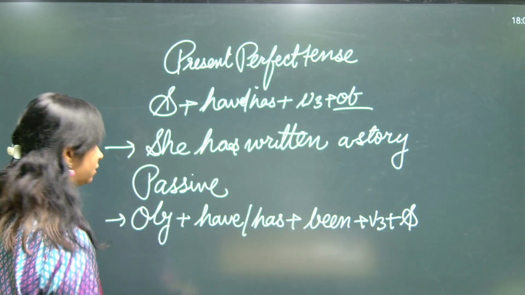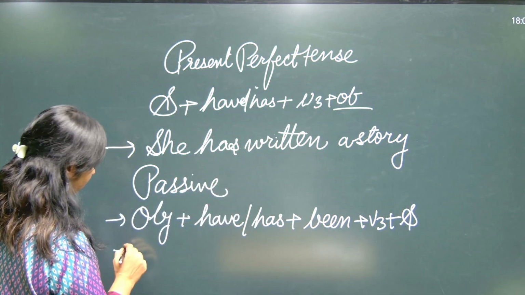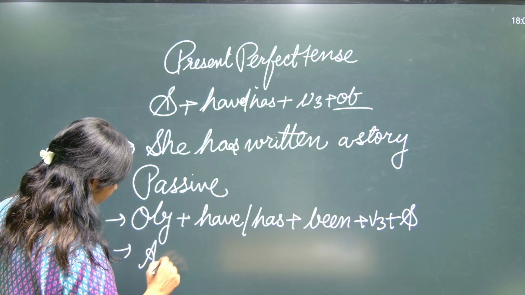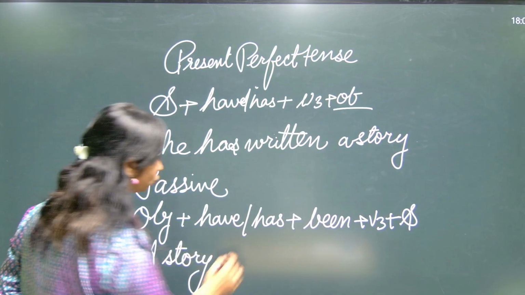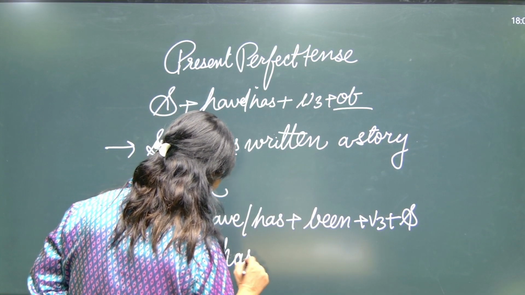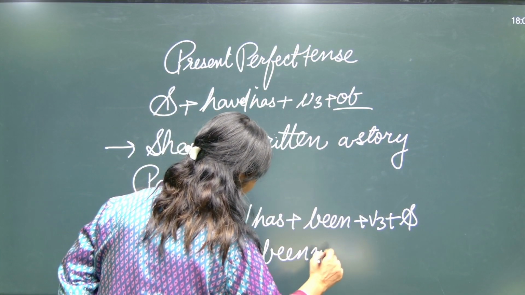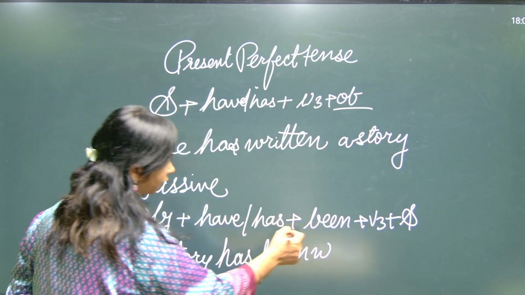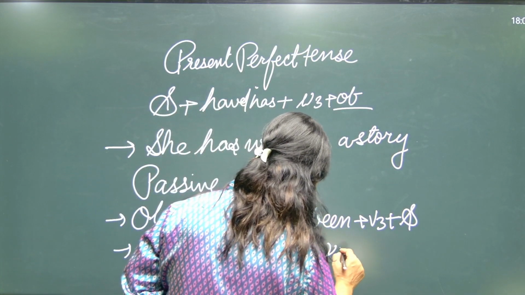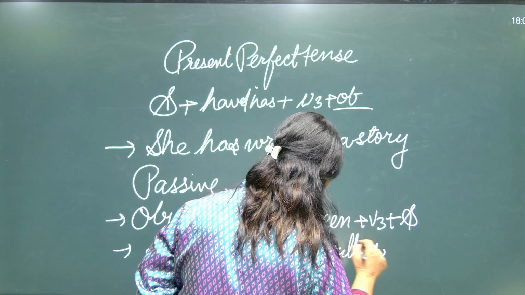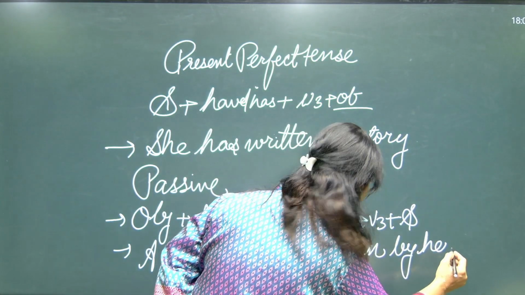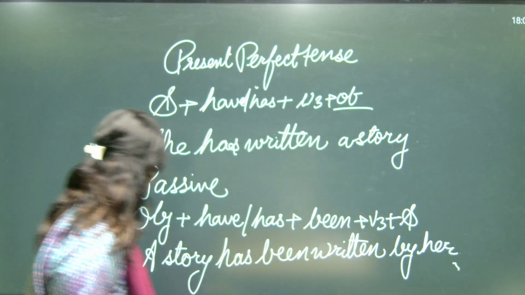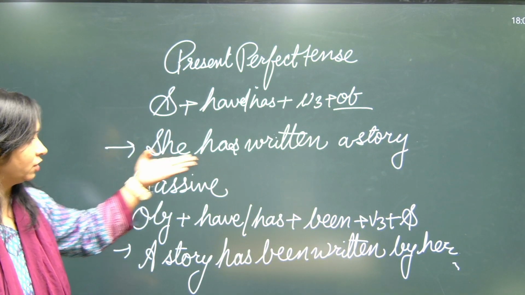Now we will change this. Now a story, because story is here singular, so we have to use here has been, verb's third form, as we have written here, written by her, because she changes to her.